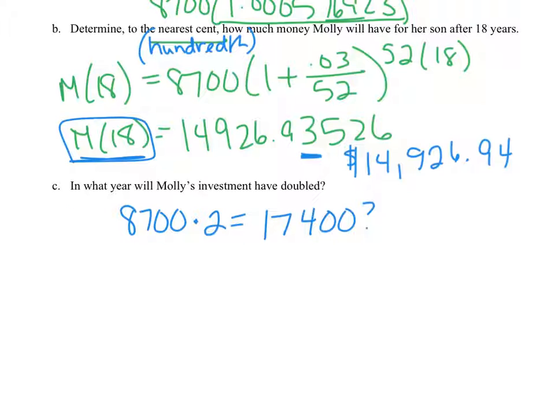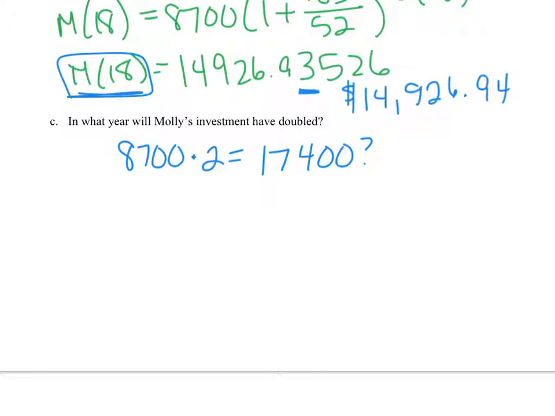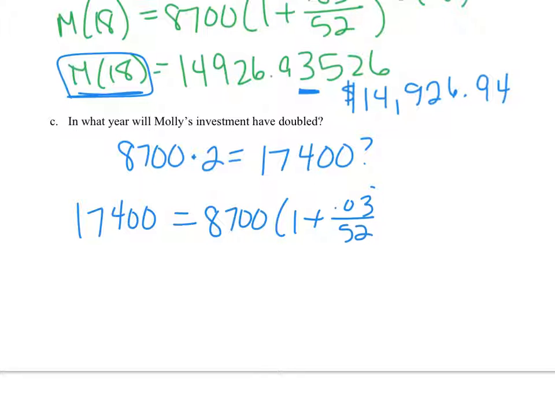I'm going to use that formula, but replace it with 17,400. I have issues saying numbers. Her initial investment was 8,700, invested in the 1 plus 0.03 over 52 to the 52t power. And we need to solve for t.